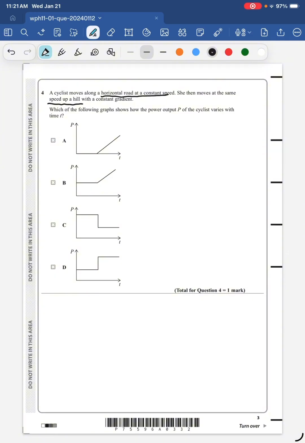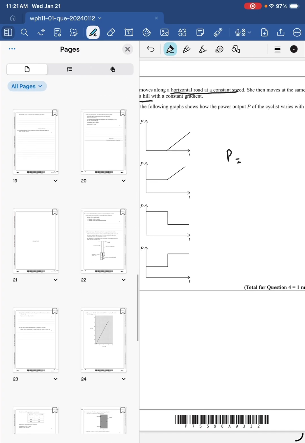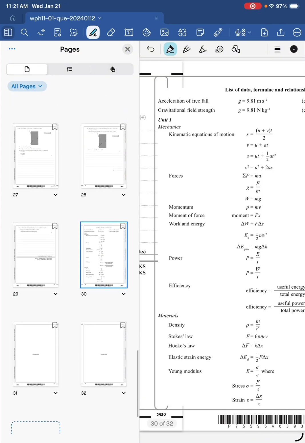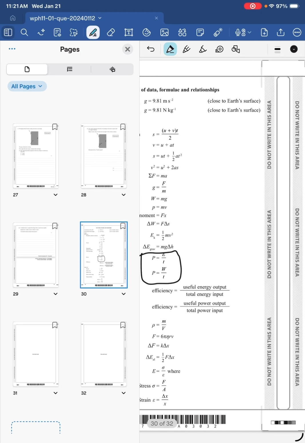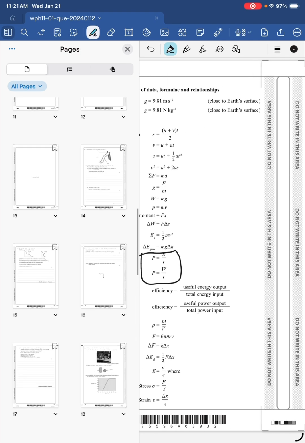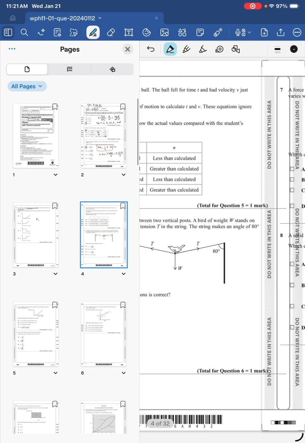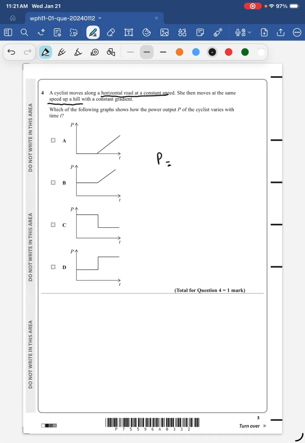Okay, so the power output is given by, okay, there are several definitions. Let me go see in the back of the paper which ones they give you. So power, okay, they give you only those 2 quantities. Do they give you anything else? They don't. Okay, so work done per time.